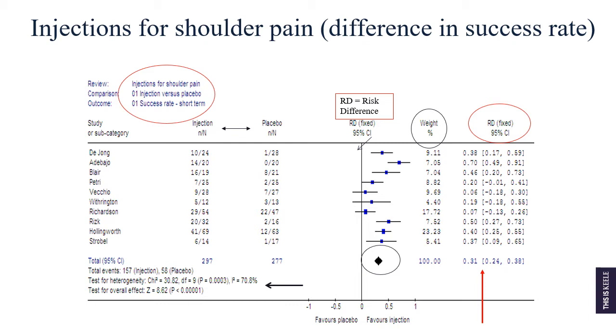The black diamond at the bottom of the diagram is the combined risk difference from all the studies calculated from the meta-analysis. Risk difference in this case, but we might also have odds ratios or relative risks represented instead, in which case the line of no difference is at 1 for an odds ratio or relative risk.